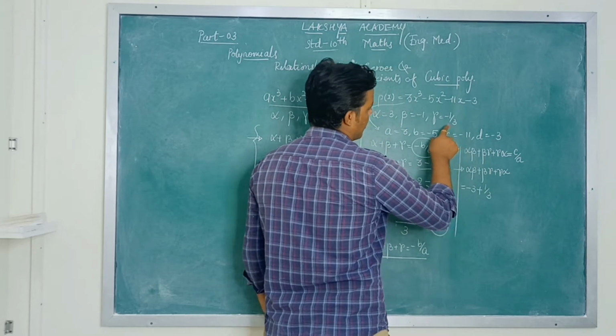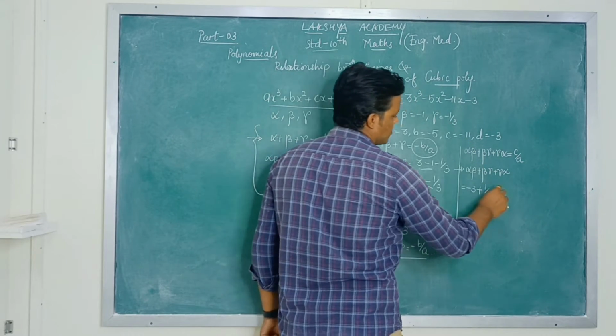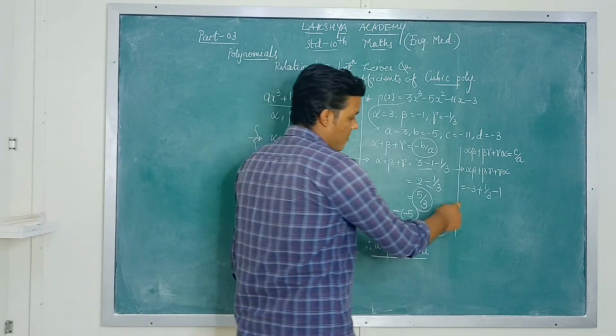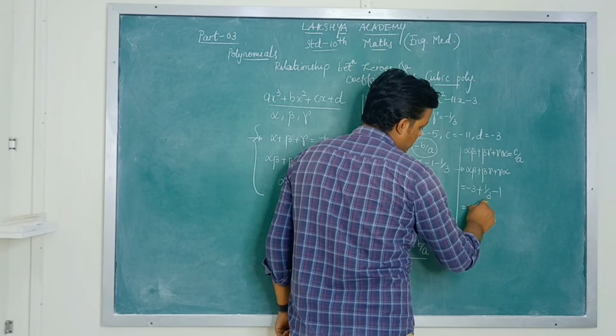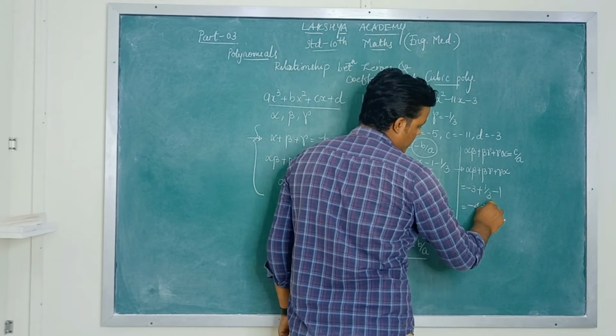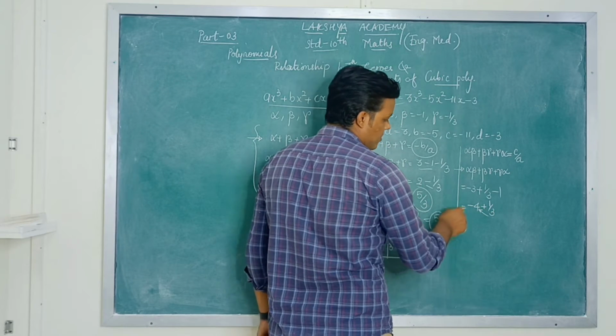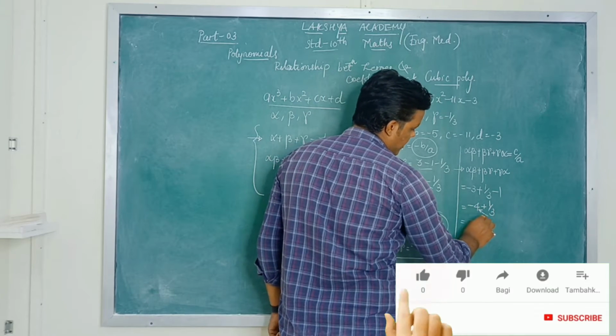Gamma into alpha, 3 cancels, so minus 1. Now minus 3 minus 1 will be minus 4 plus 1 by 3. 4 threes are minus 12, minus 12 plus 1, minus 11 by 3.